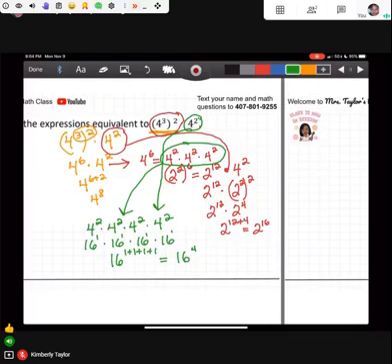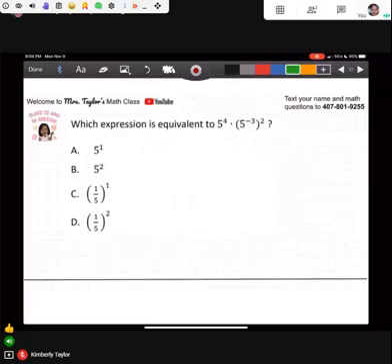So here's another question involving exponents. It says, which expression is equivalent to 5 to the 4th power times 5 to the negative 3rd power raised to the 2nd power. So the first thing I would do is this portion here, which is the power of a power.